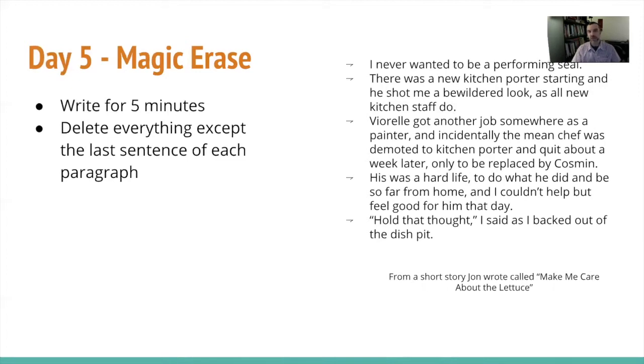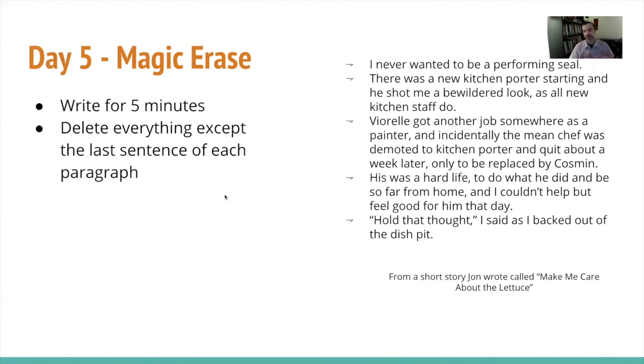The fifth form that we're asking you to try is called Magic Erase. So the way that this works is that you write 5 paragraphs or 4 paragraphs, as many paragraphs as you can in 5 minutes, and then you take out all the content except for the last line of the paragraph, and you see what you come up with.